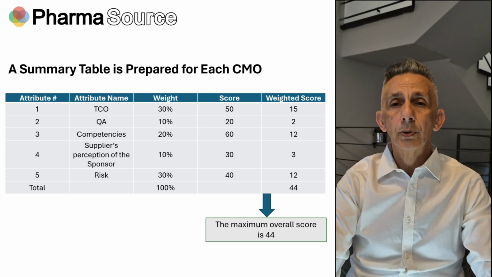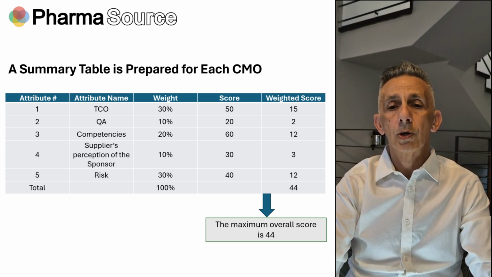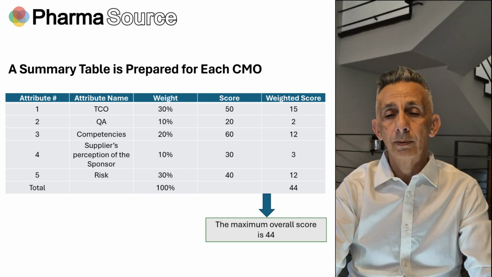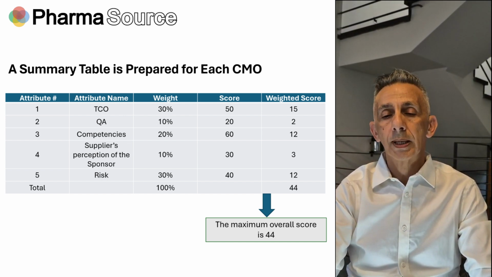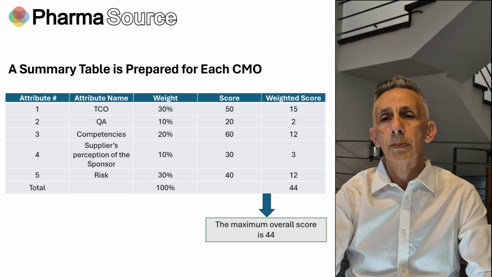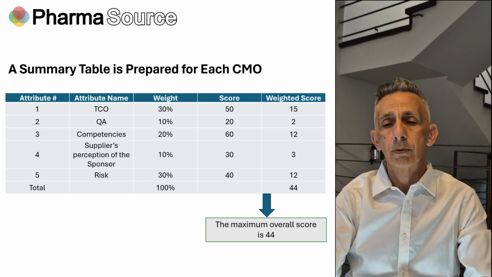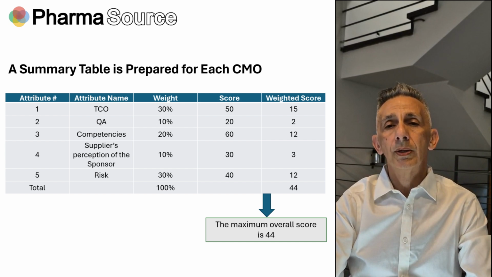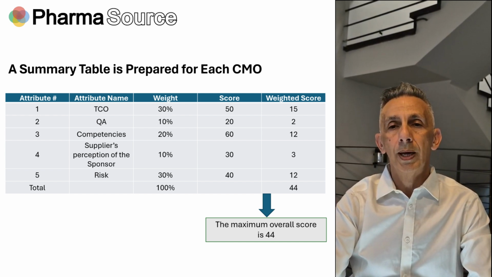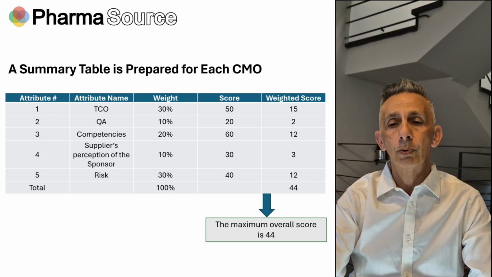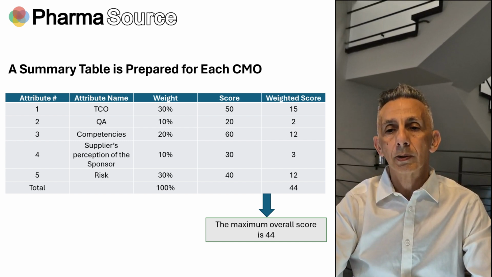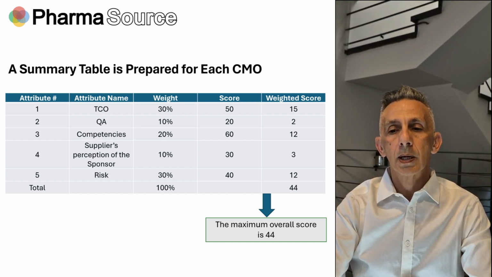We will continue to give marks for each of the predefined attributes, for example the total cost of ownership, the QA, the competencies, etc. Based on the mark we've given and the pre-weight for each attribute, we will get a weighted score, as you can see in this slide.